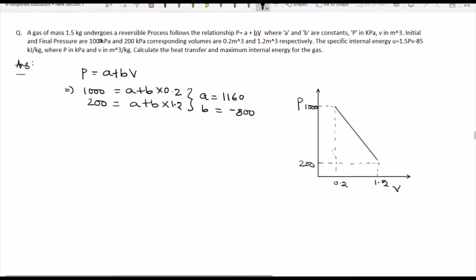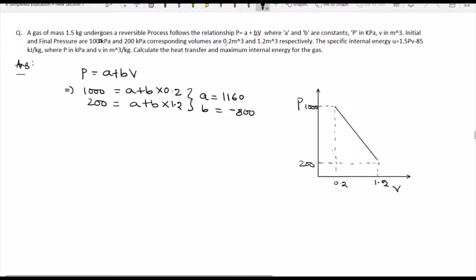So next, coming to a good question. A gas of mass 1.5 kg undergoes a reversible process, following the relationship P equal to A plus B into V, where A and B are constants, P in kilopascal and V in meter cube. Initial and final pressure are 1000 kilopascal and 200 kilopascal.